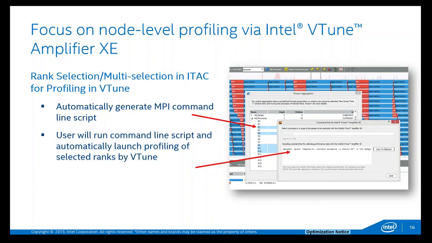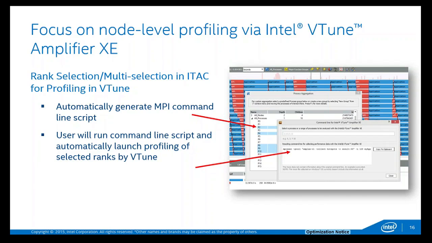But once you get to the OpenMP regions, what you really want to do is look at it through VTune. So the trace collector can automatically create the command line for you, so you can rerun your application with MPI under VTune and get that profiling data from VTune as well. That's done just by right-clicking and selecting the appropriate processes you want to profile.